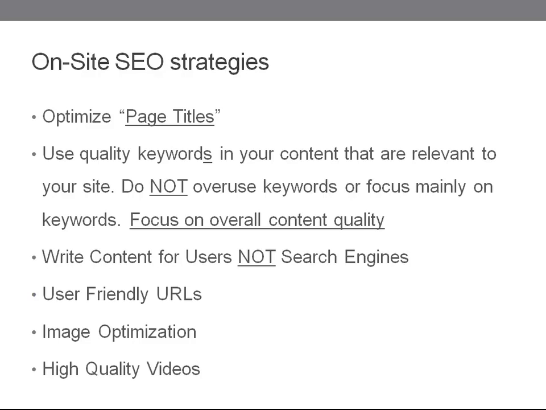And also you want to utilize the alt attribute, which is what's displayed if for some reason the server isn't serving up the image. High quality videos. Videos is also kind of a new thing in SEO. You can have videos with meta info and titles and keywords, so videos can actually be helpful in SEO.